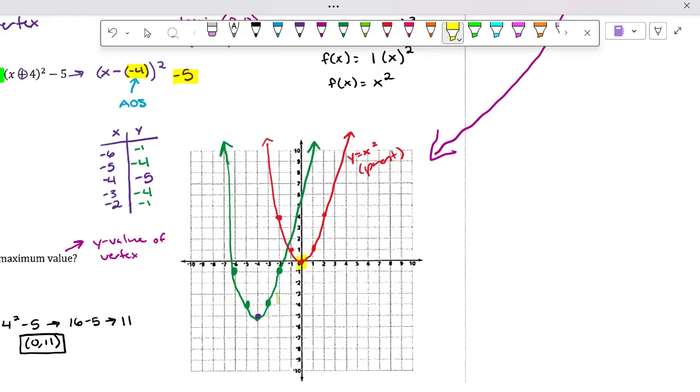Again, you're using your vertices as reference, going from your parent vertex to your new vertex.